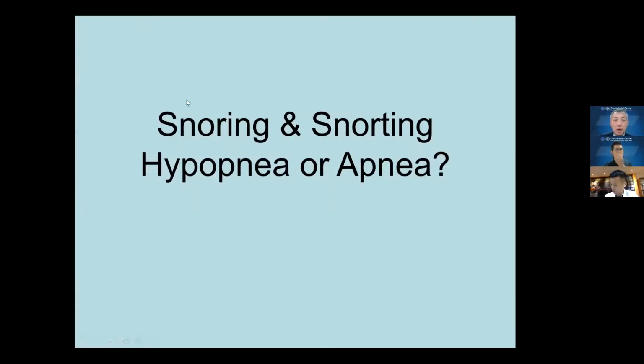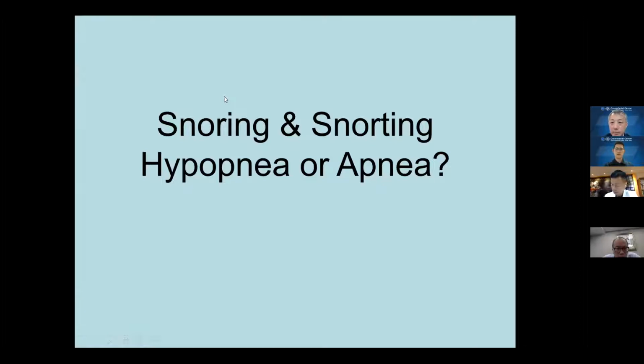So when we have snoring or snorting, actually they have different meanings. When we have snoring, there's some narrowing of the upper airway. And when people have snorting, usually they previously had a complete stop of breathing.